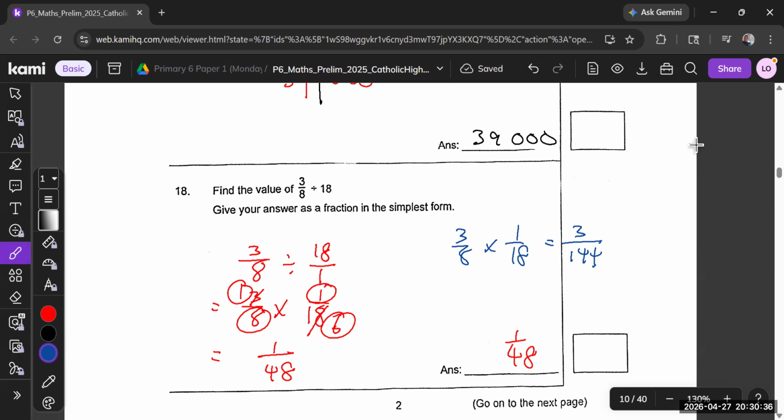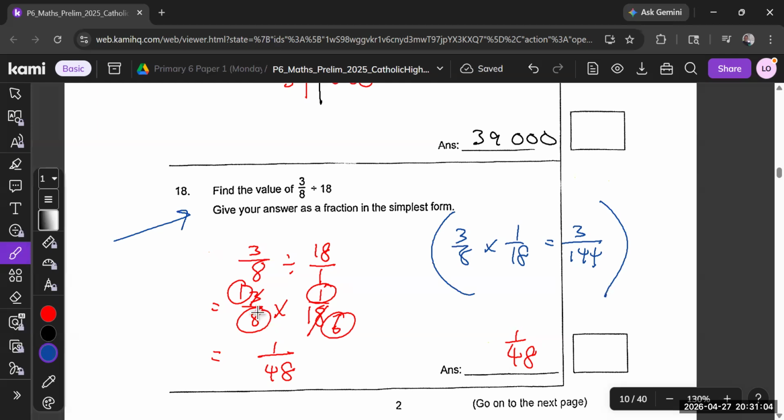Do you do this? Question 18, do you do it this way? 3 times 1, then 8 times 18. Yes or no? You cancel, right? Do you cancel? I can't really see, it's a bit blurry. Okay, never mind.